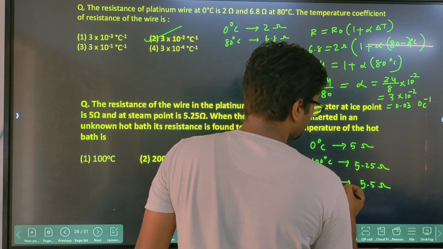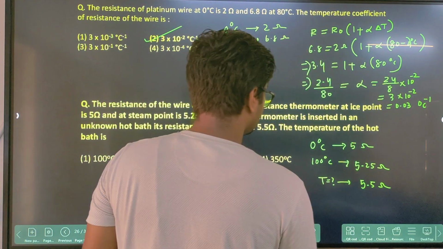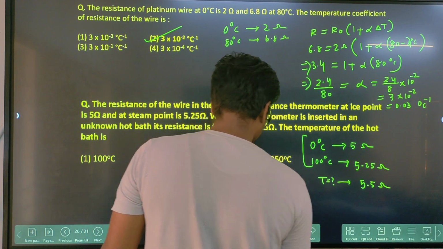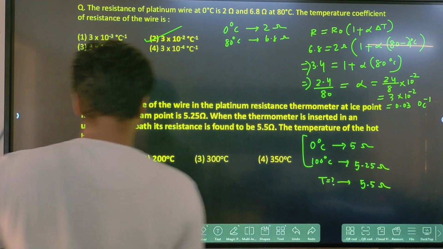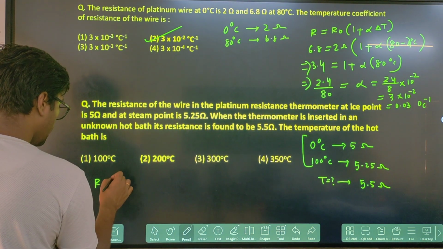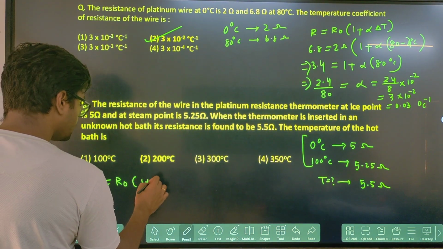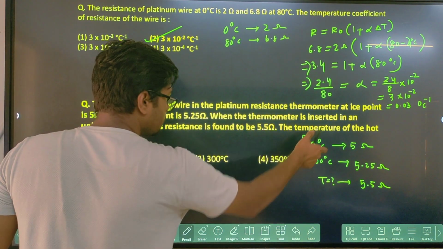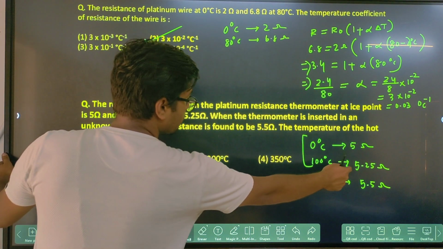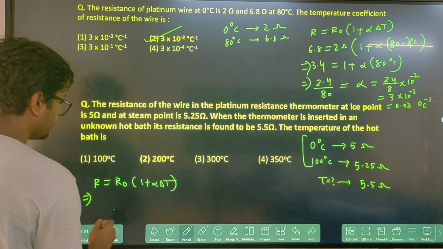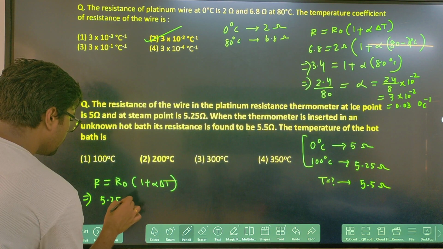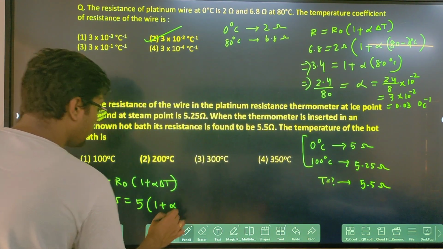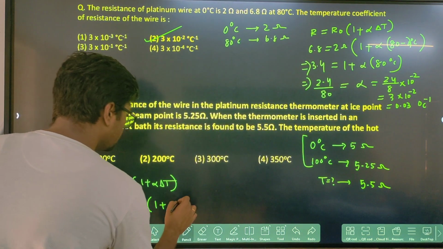First of all you have to find the alpha value. So just see these two things here. I can write R equals R naught into 1 plus alpha delta T. R at 100 degrees Celsius is 5.25, equal to R naught, which is 5, into 1 plus alpha delta T. Delta T will be 100 minus 0.